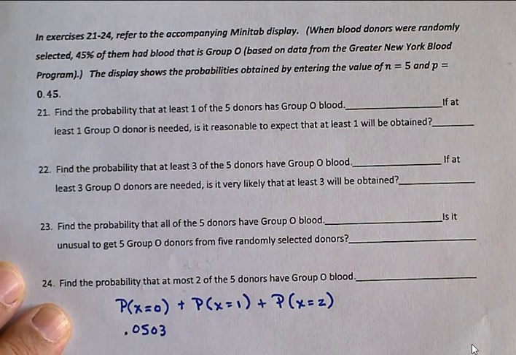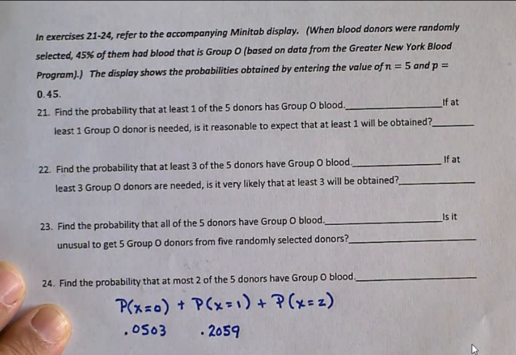Second VARS, down to the Binom PDF button. I'm going to go 5, 0.45, and 1, and I get 0.2059. Okay, and then I'm going to do it one more time using x equals 2.